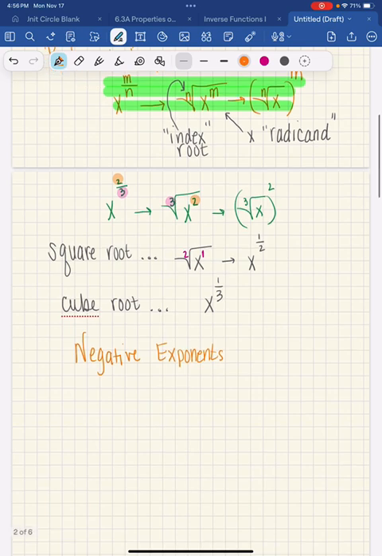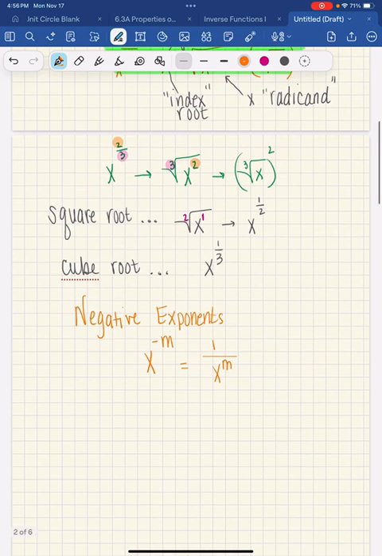Negative exponents. Flip and make the exponent positive. Take the reciprocal and make the exponent positive.